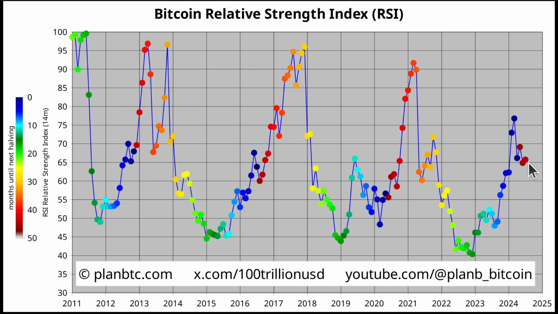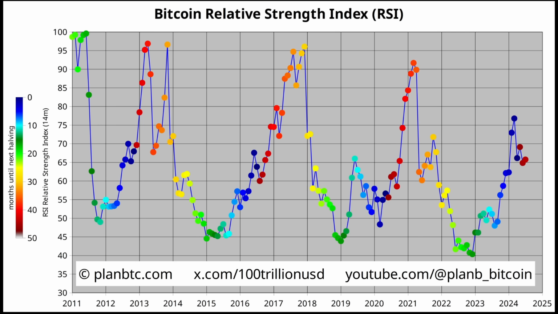And in my opinion, we just started this greed phase, this bull market phase, and RSI will increase from here to, let's say, above 80, possibly 90 again. And that would be like 2013, 2017, and 2021. So that's what I think.